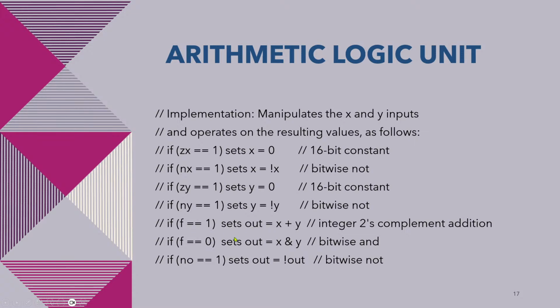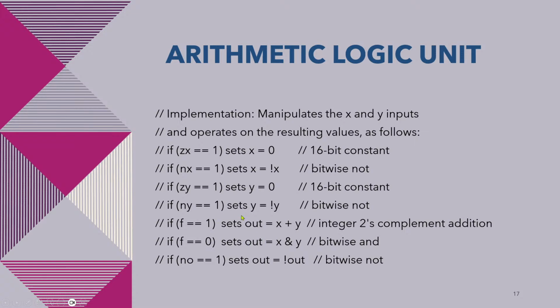If f is equal to 0, then instead of adding x and y, you and x and y. This is a bitwise and. Obviously, f can only be 1 or 0, so only one of these operations can take place. And then finally, if no is equal to 1, then you're going to take the output and negate it.